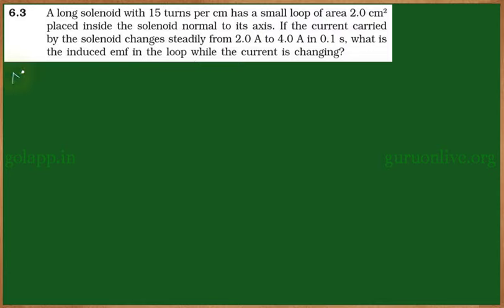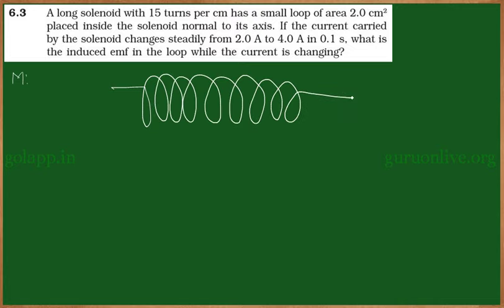Our motive is, we have a solenoid like this, and it is the axis of the solenoid. Normal to this axis, inside the solenoid, we are keeping a loop which has area A, and the solenoid has turn density N, and we are sending a current I1 inside it, and we are changing that current from I1 to I2 within a time t.